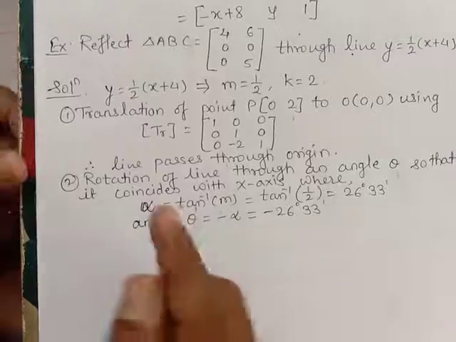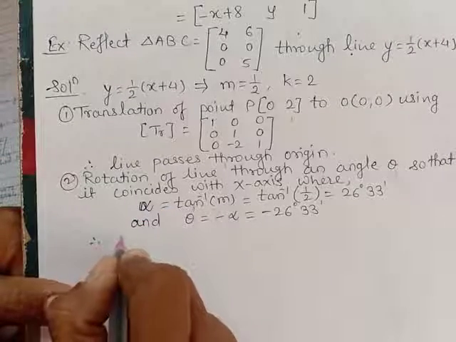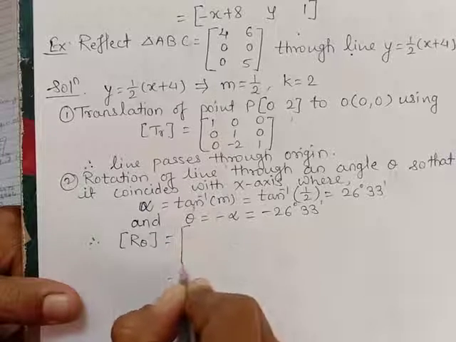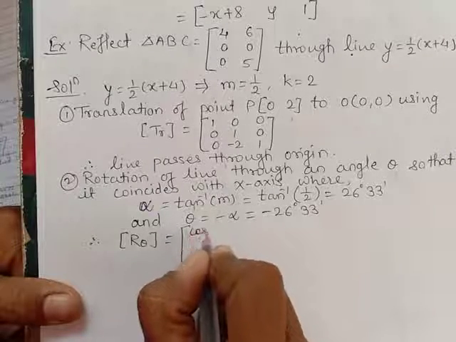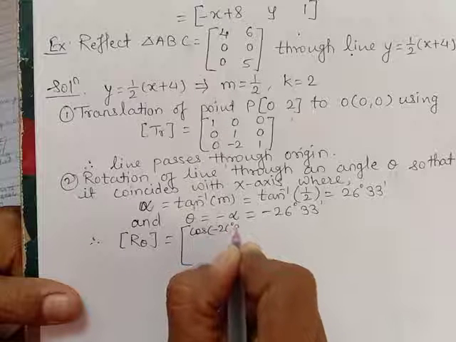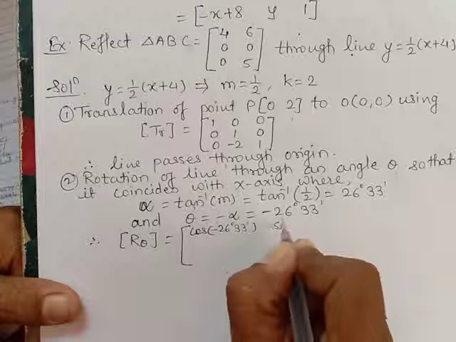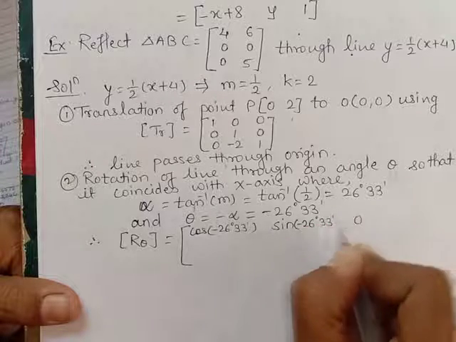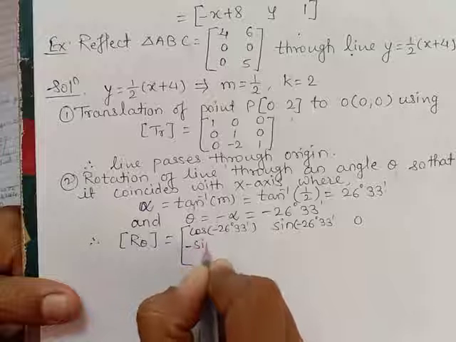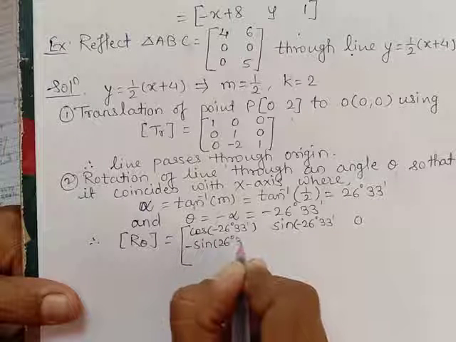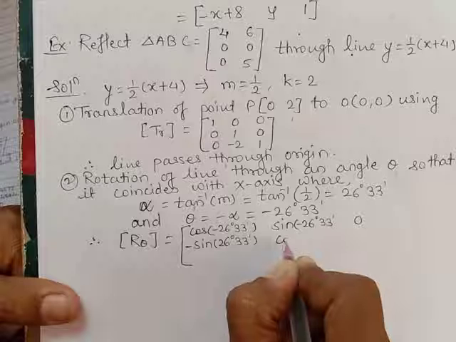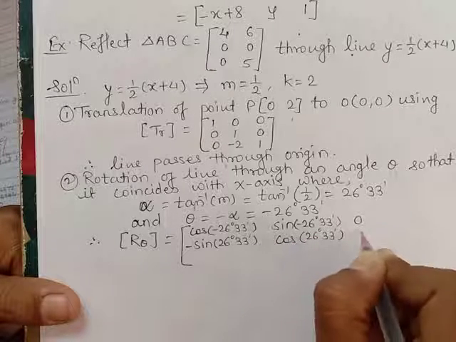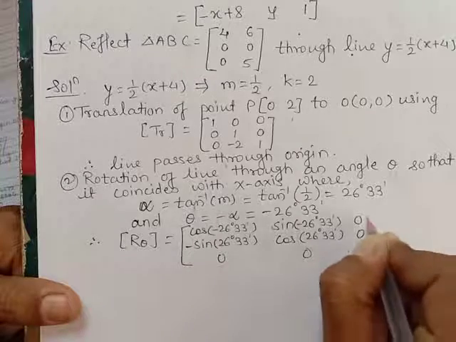Therefore R theta equals cos of minus 26 degree 33 minutes, sine of minus 26 degree 33 minutes, 0; minus sine of 26 degree 33 minutes, cos of 26 degree 33 minutes, 0; 0, 0, 1.